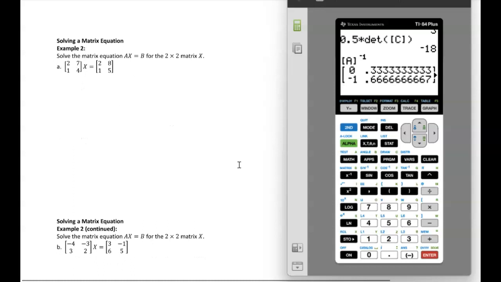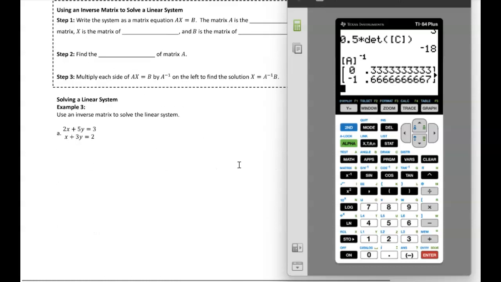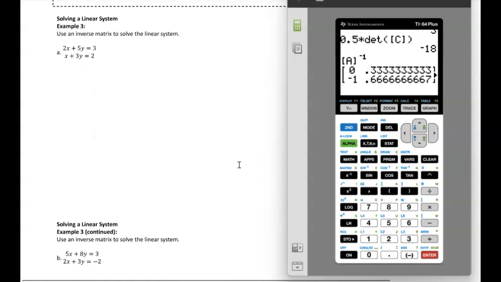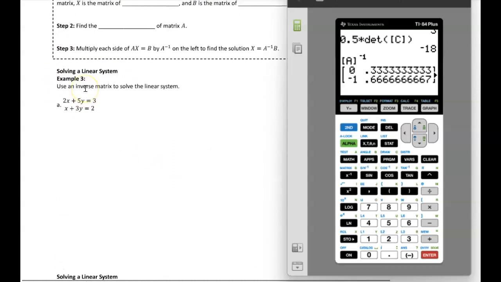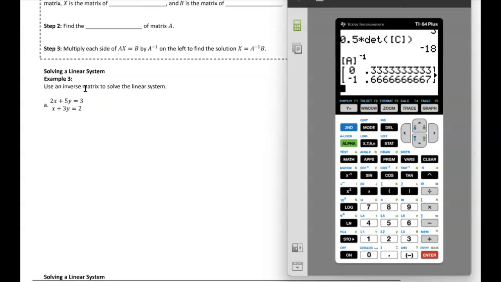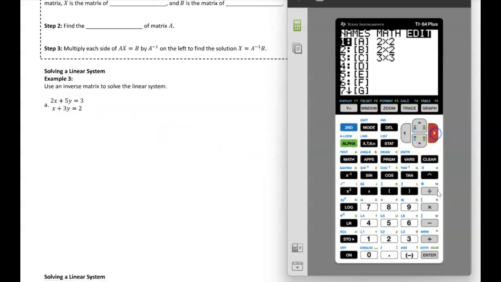All right. And then what is kind of cool is if we go down here to where we had our different problems, and it was how to solve it, right? And remember that you did the inverse of matrix A times B. So let's go ahead and go to our matrix. I'm going to go edit matrix A. So if I did this problem, then it's still a 2 by 2.